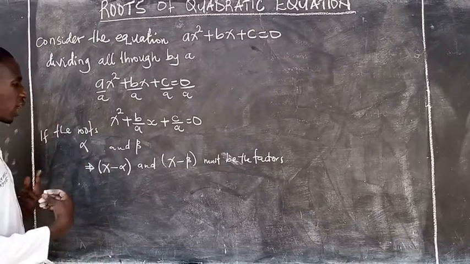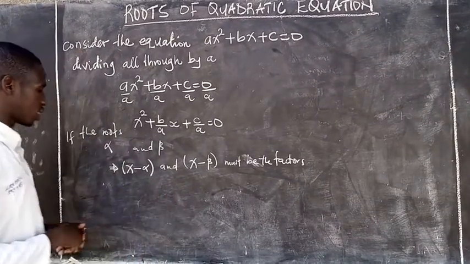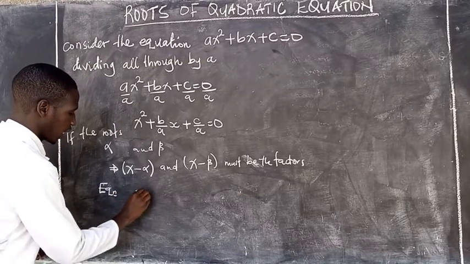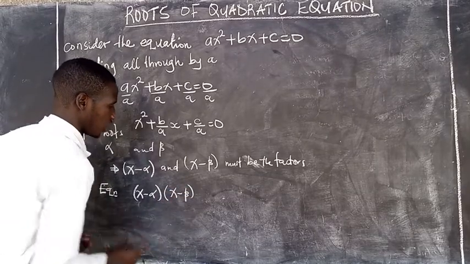And that implies that the equation is given by the product of the two factors. So the equation itself will be the same as x minus alpha into x minus beta.